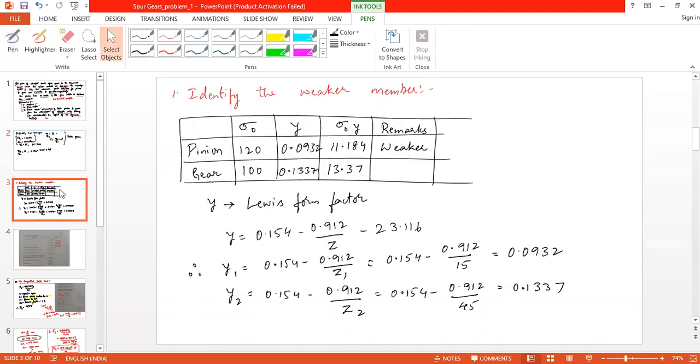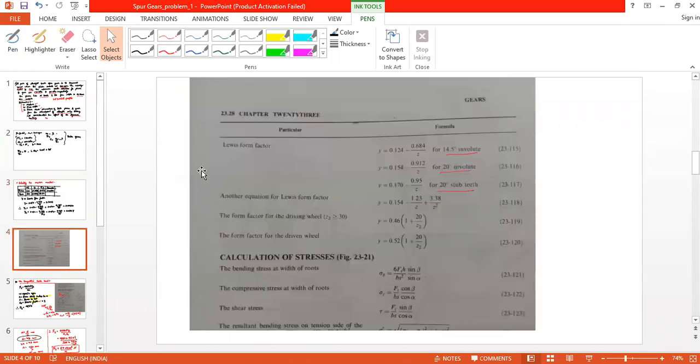The first step is to identify the weaker member. We need to construct a table with sigma O and Y, where Y is the Lewis form factor. In the last class, we have seen various equations for various gear systems, whether it is 14.5 degree involute, 20 degree involute, or 20 degree stub.